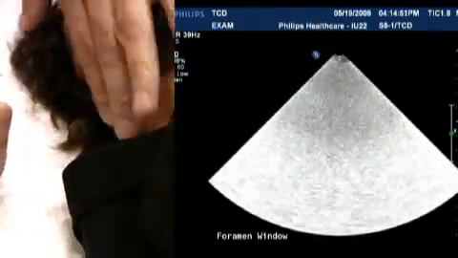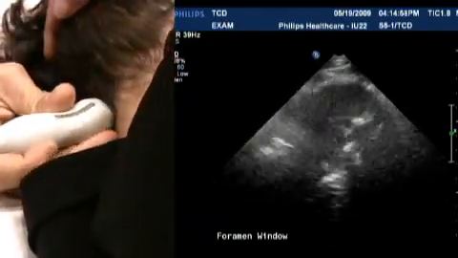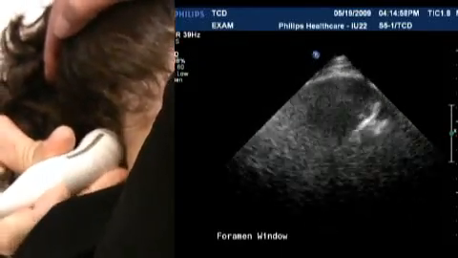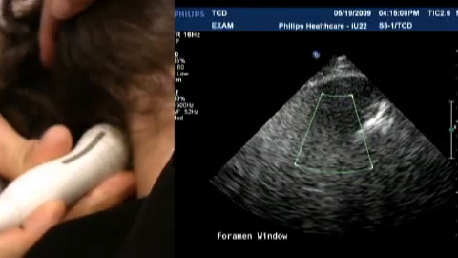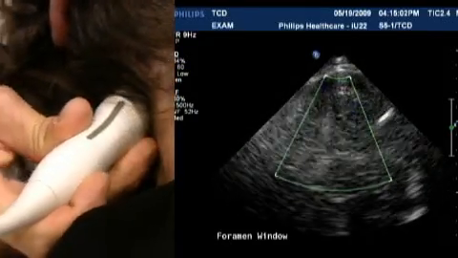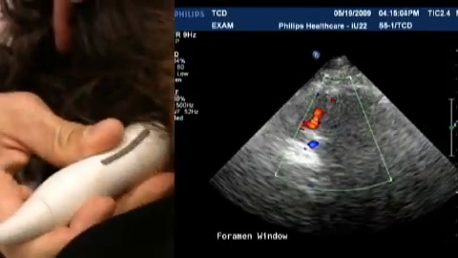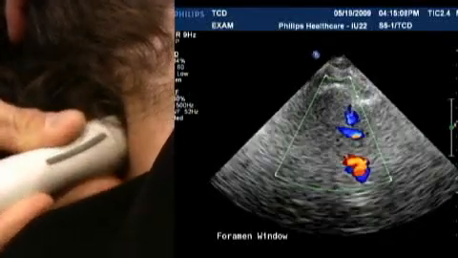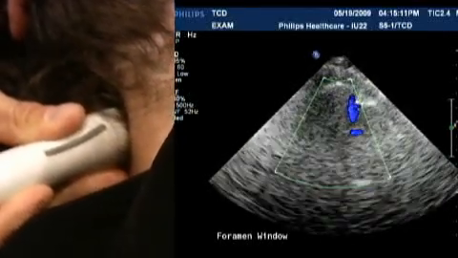So as we angle up into the foramen, I'm going to turn my color Doppler on, and we can see our vertebral arteries.